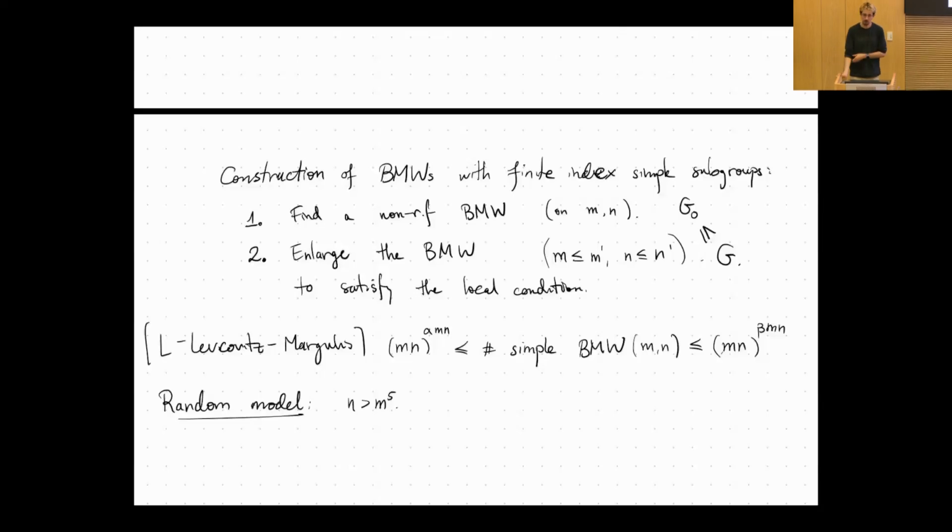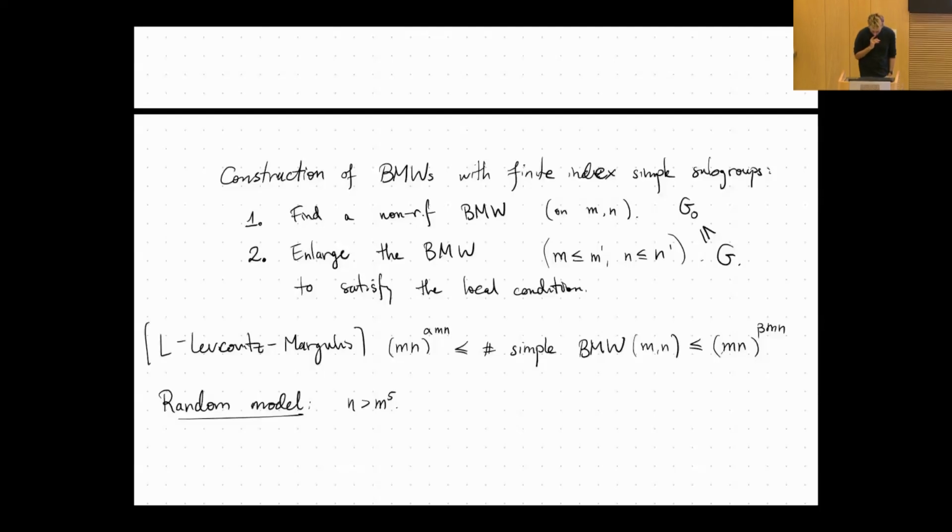You just look at partitions of the complete bipartite graph, and then you need to maybe embed a little non-residually finite group in there, and somehow almost always the group that you will get will satisfy the local condition. Okay, so this gives you some enumeration on the number of simple BMWs.